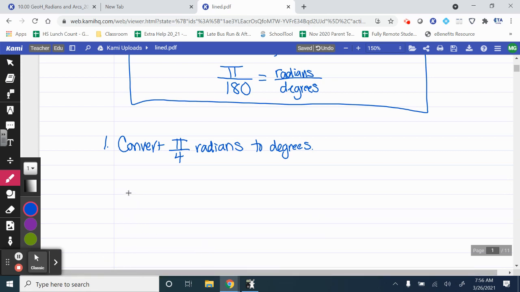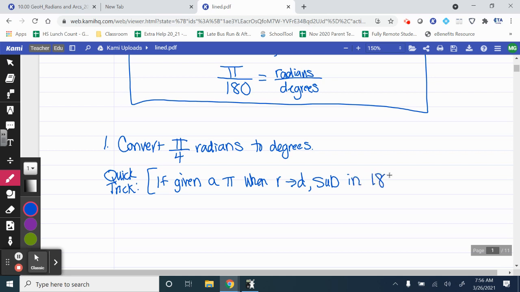Our quick trick, which is significantly faster, is that if you're given a pi when going from radians to degrees, all you need to do is sub in 180 degrees for pi, because pi radians is equal to 180 degrees.